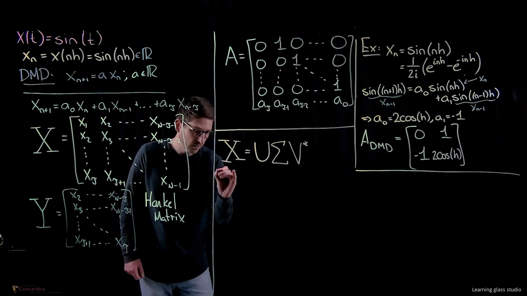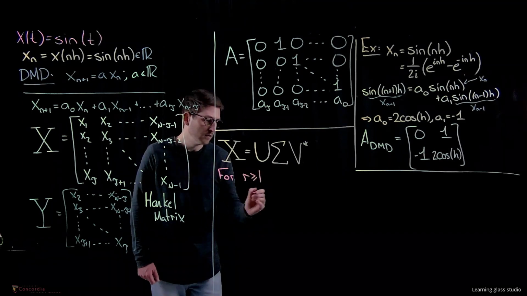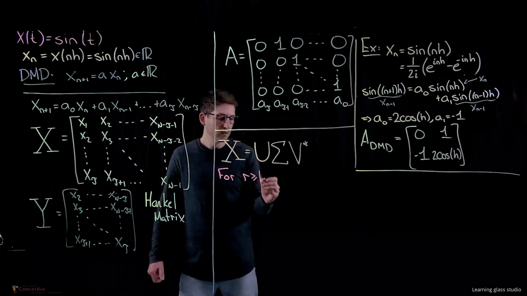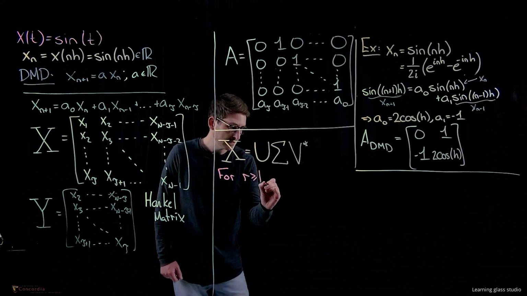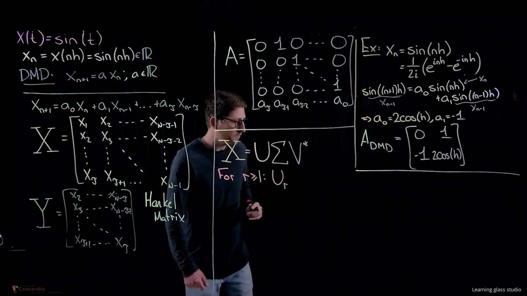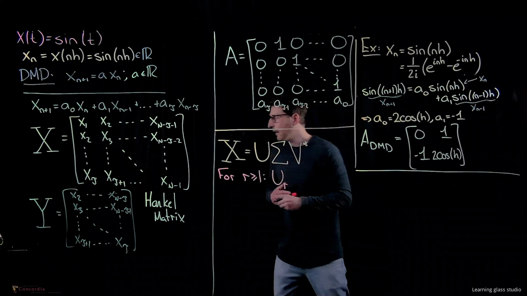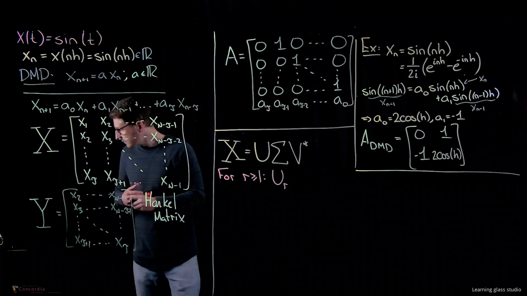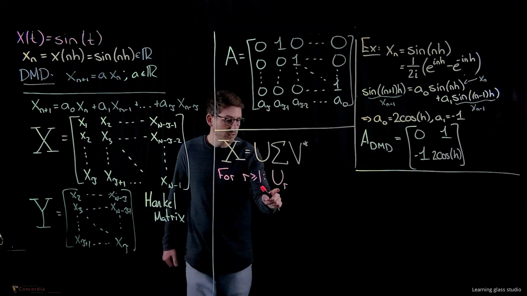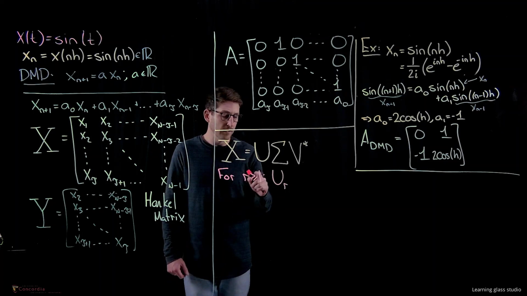So for, let's say, r greater than or equal to 1, let's consider this matrix. Remember, U_r, we talked about this for the reduced SVD. Now, this thing is really going to be the first r columns of the orthogonal matrix U.